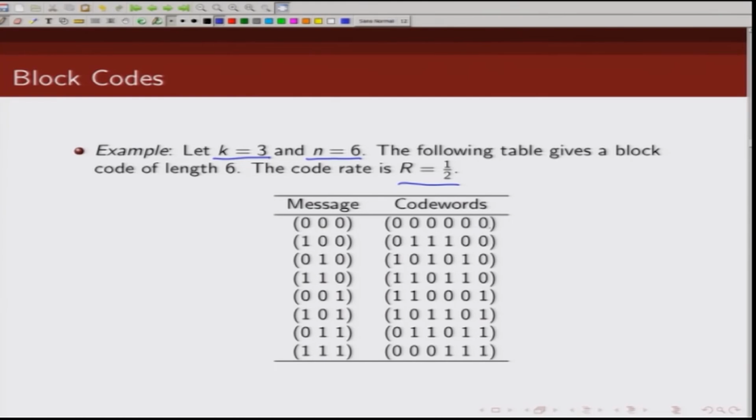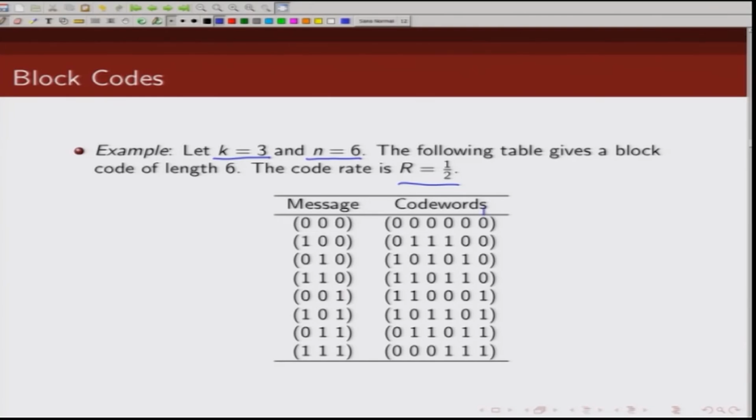000 is mapped to the all zero sequence, 100 is mapped to 011100, and likewise the other sequences have been mapped. Let us look at how we found the parity bits for these code words. Let us look at each of the columns of these code words.